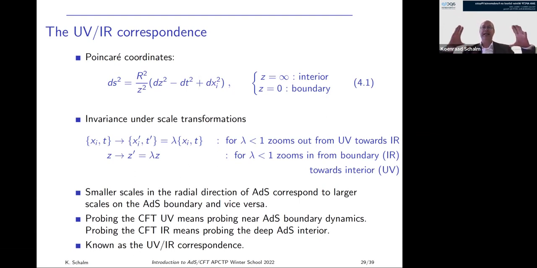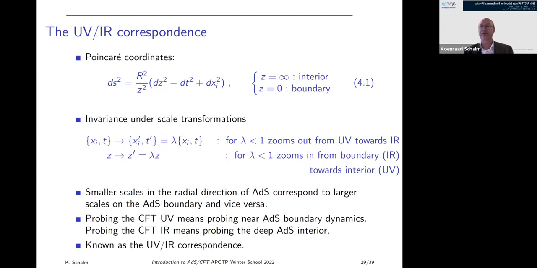Okay, so as I on the boundary zoom out from the UV to the IR, in the bulk, actually in the radial direction of ADS, it seems I am precisely moving away from the boundary towards the interior. In other words, smaller scales in the radial direction of ADS correspond to larger scales on the ADS boundary, and vice versa. And this is almost paradoxical, or it's flipping things around.